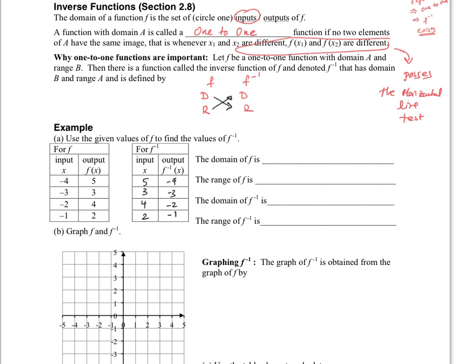Therefore the domain of f is the range of f inverse, which is what I just told you. The range of f is the domain of f inverse. The domain of f inverse is the range of f, and the range of f inverse is the domain of f.